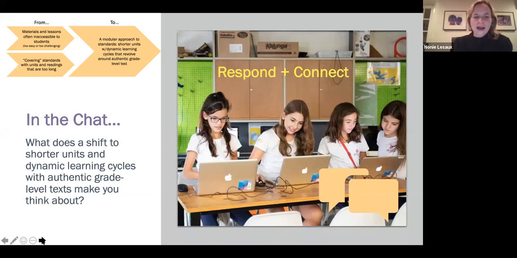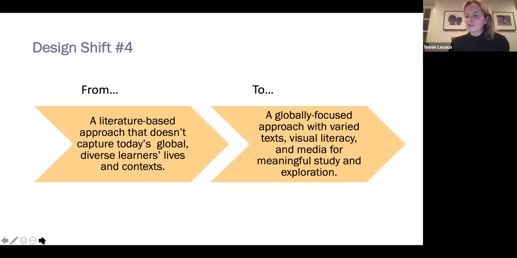Okay, in the interest of time, I'm going to keep moving. This fourth shift is a pretty straightforward one, and I think one we're probably all aligned on by virtue of being together here today with National Geographic Learning, which is that all too often, our students don't necessarily see themselves, their lives and context, and even their future selves in the content.